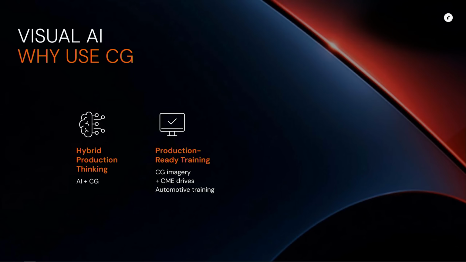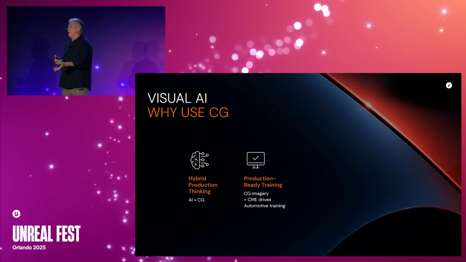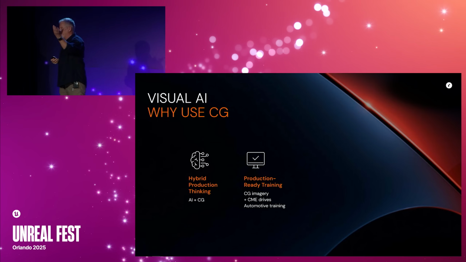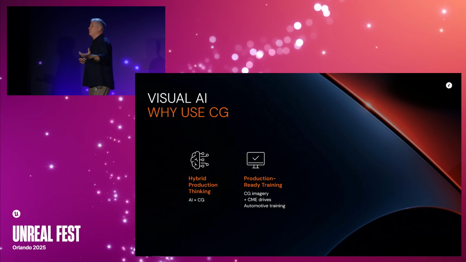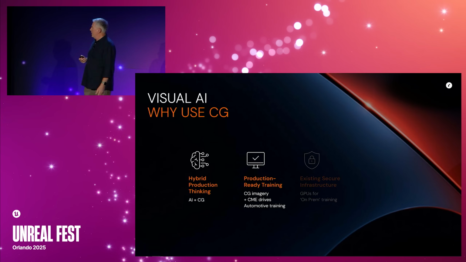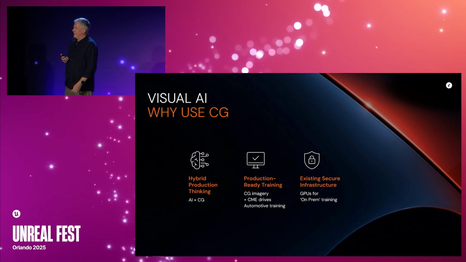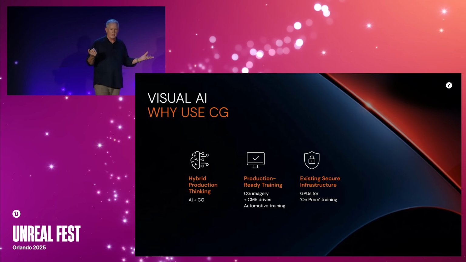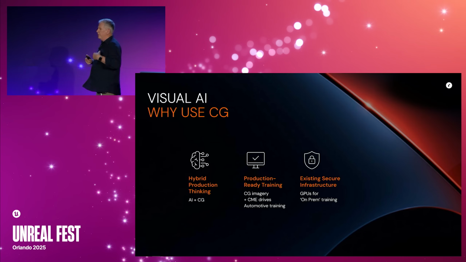Even if you don't use the CG vehicle, you still need the ability to configure the vehicle and make a lot of imagery to train the large language model, the generative AI tool, to output stuff pre-launch, which is the important thing. Now, for those companies that are running a lot of GPUs, because that's in your pipeline, and it's certainly true of Rotor, that's wonderful, because if you're going to train the large language model while the vehicle is under embargo with all the security it deserves, you need to do that on premises.